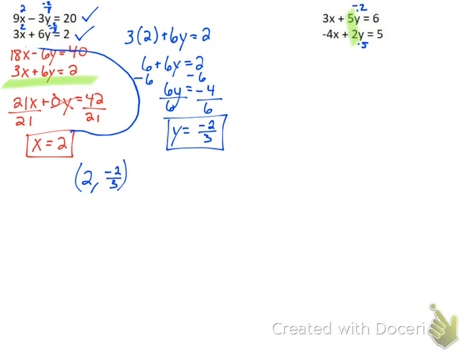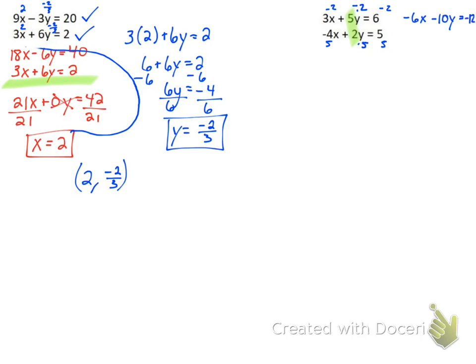An easy way to do least common multiple is just multiplying the two numbers together. So 5 times 2 gives me 10. Then I can figure out how to turn each of those into a 10 and make sure that they are different signs. So I'm going to multiply the top by negative 2 and the bottom by positive 5. So I'm going to get negative 6x minus 10y is equal to negative 12.